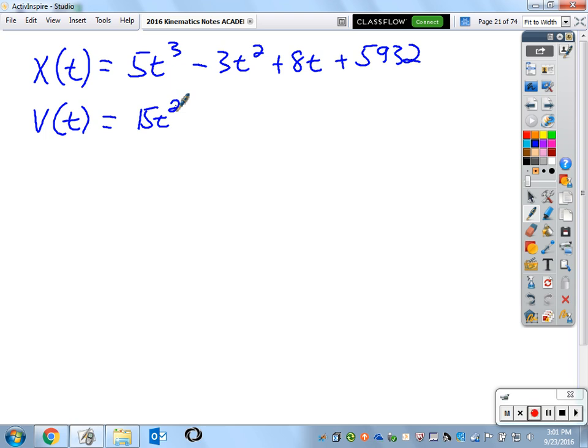That would become minus 6t. So it would be t to the first at that point. Then it would be plus 8. And that would drop off. We wouldn't have to worry about the 5,932. So then that would be our velocity function for what we started with. Does that make sense in process what we do?